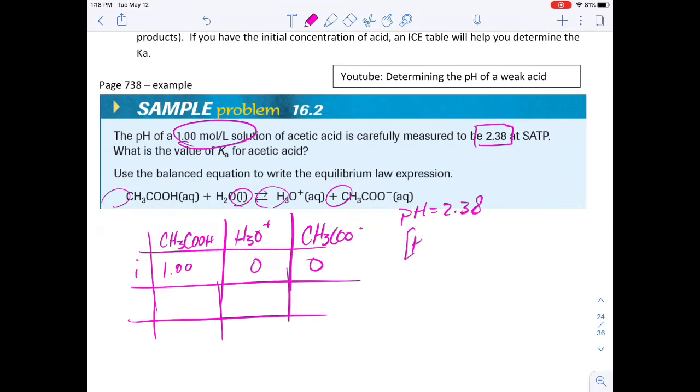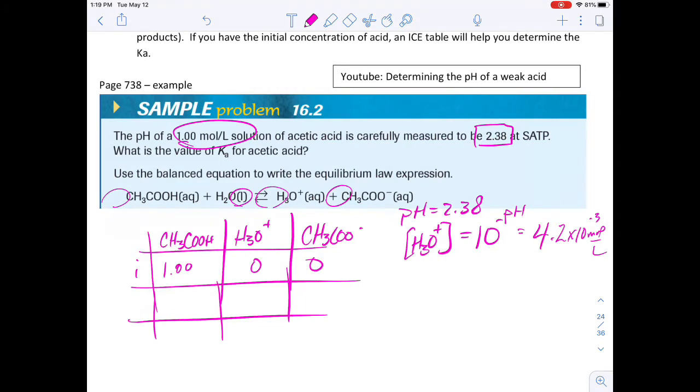So the concentration of hydronium at equilibrium is 10 to the negative pH. That's how I calculate the concentration of an acid. If I put that into my calculator, I am going to get 4.2 times 10 to the negative 3 mole per liter.